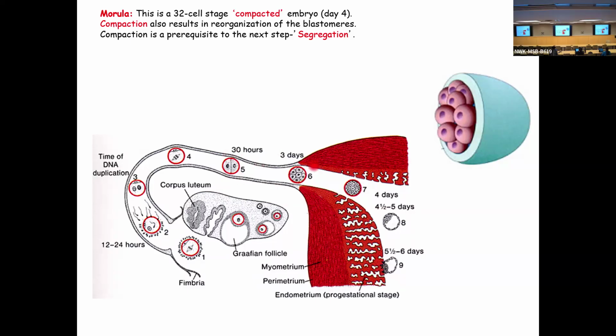But if the zona would disappear here, the embryo would become sticky ahead of time and would implant ectopically, for example, at the fallopian tubes. And that would be a real problem in this particular pregnancy, okay? So the zona pellucida has to break at the right time, when the embryo is in the uterus and the endometrium is waiting for the embryo to implant right there. Okay.